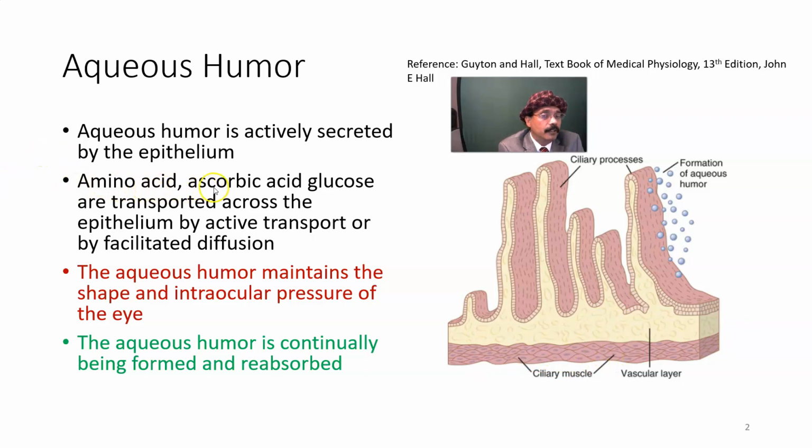Amino acid, ascorbic acid, that is vitamin C, and glucose are transported across the epithelium by active transport or by facilitated diffusion. The aqueous humor maintains the shape and intraocular pressure, and it is continually being formed and reabsorbed.